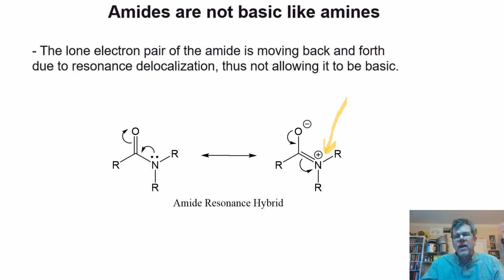So it's not all that available for when a strong acid should come by, for being able to reach out and abstract a hydrogen ion from that strong acid. In fact, if you put a strong acid in the vicinity of an amide, that lone electron pair won't do anything because it's too busy going back and forth between the nitrogen and up into the oxygen of what once was that carbonyl.